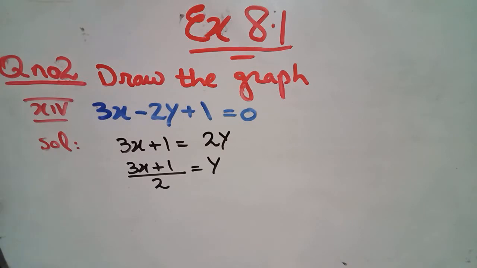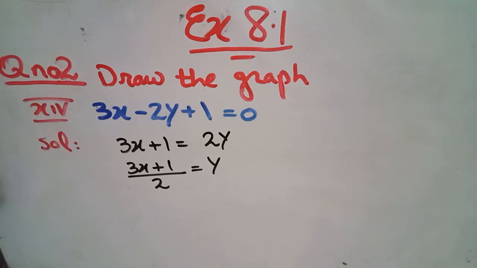Now you can say the y is separated here, and by putting the value of x you will get the value of y. So I will suggest you again, put that value of x that will give you a whole number value, because if you get a decimal value, it will create a problem for you to represent it on the graph.